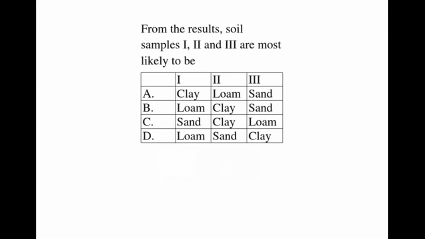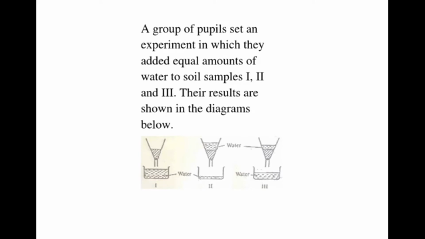From the result, the soil samples 1, 2, 3 are most likely to be. When you look at the soil samples and the experiment that was conducted, it was investigating drainage, which is the ability of the soil to allow water to pass through.